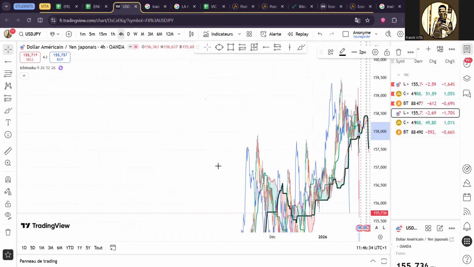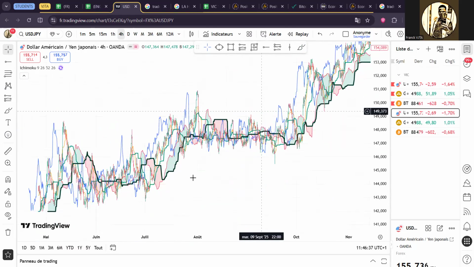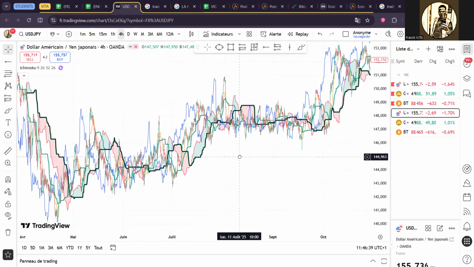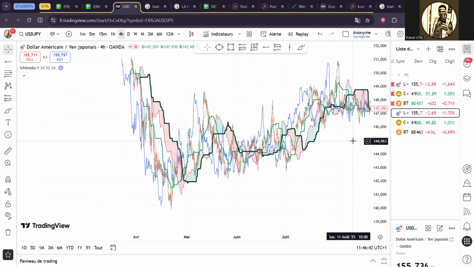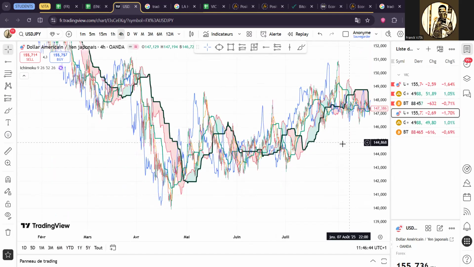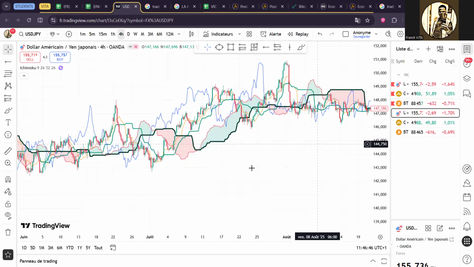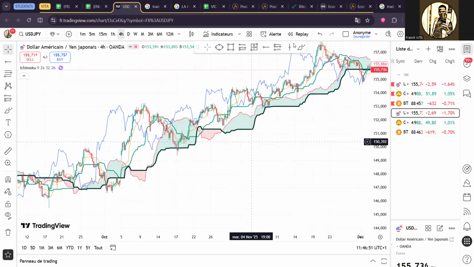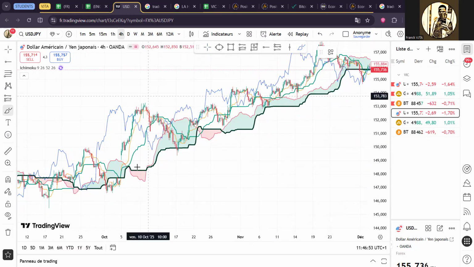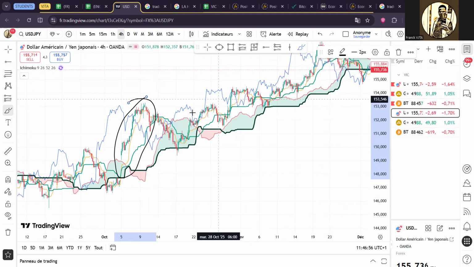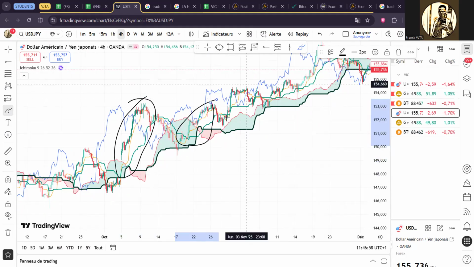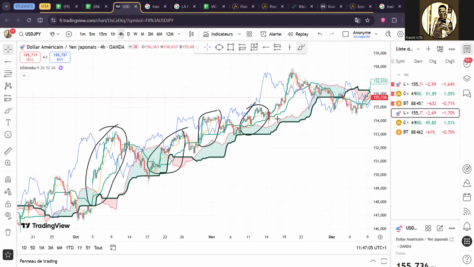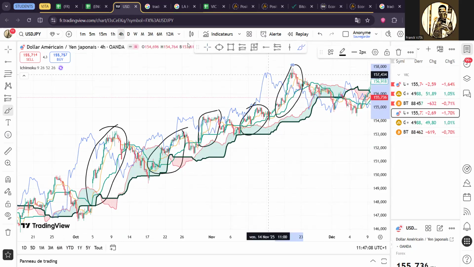Sometimes we can have some pushes on, if you take for example this part, sometimes you can have one push here, second push here, third push here, fourth push here, when you look at it very well, and the fifth push here.